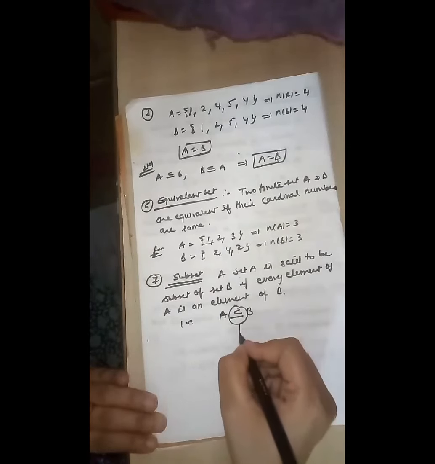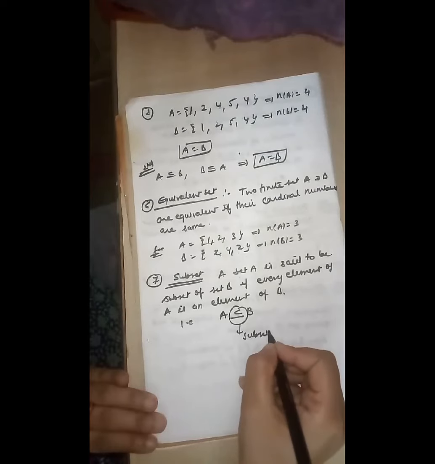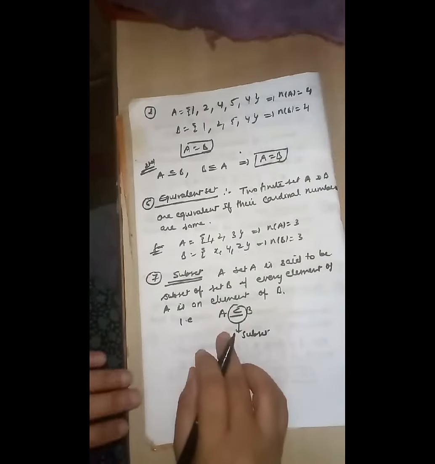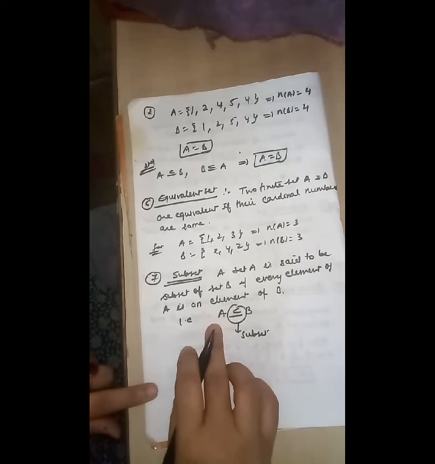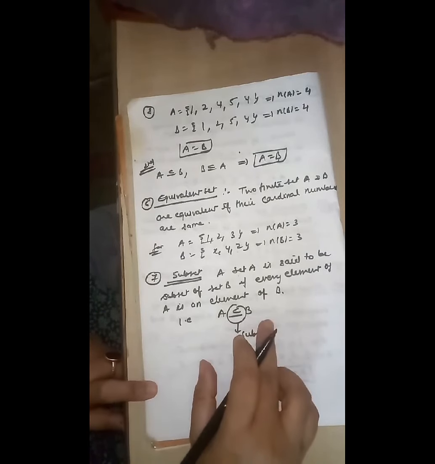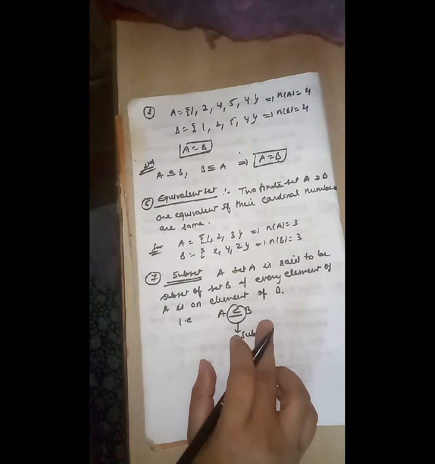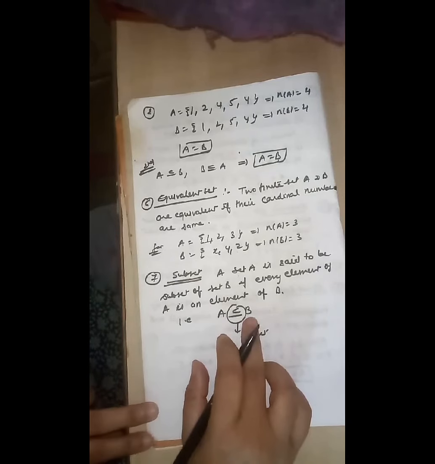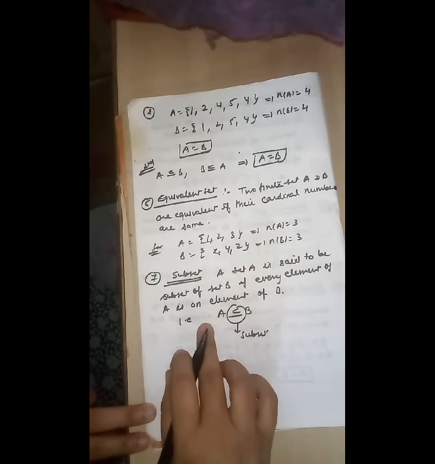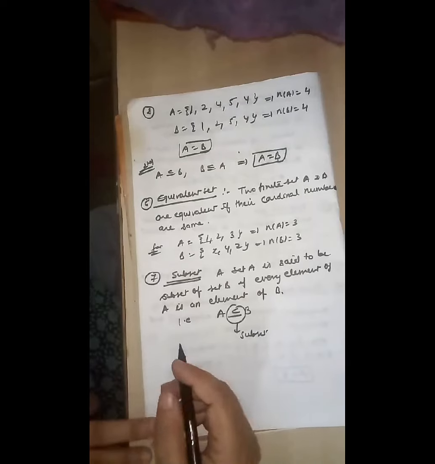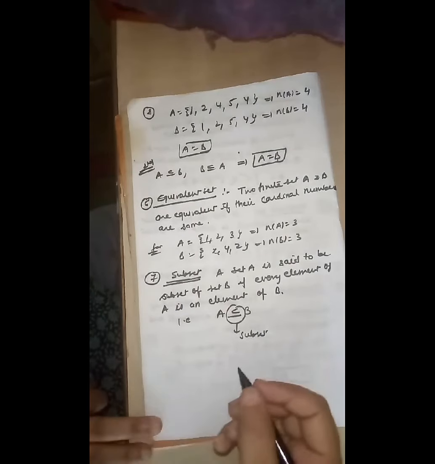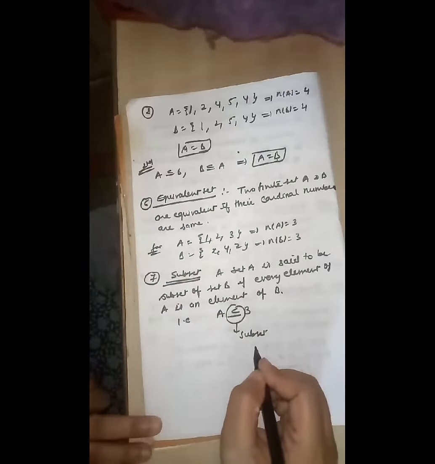Its symbol is A is a subset of B. From the left side you read A is contained in B, and from the right-hand side you read B contains A. Okay, this is the symbol of subset.